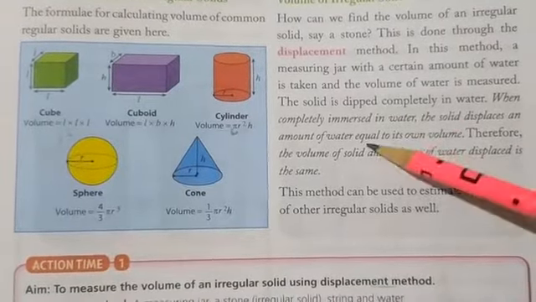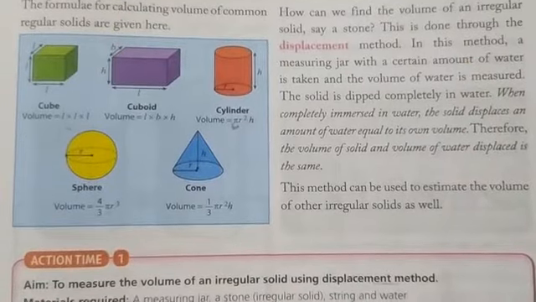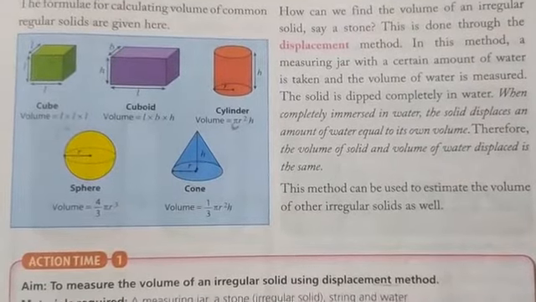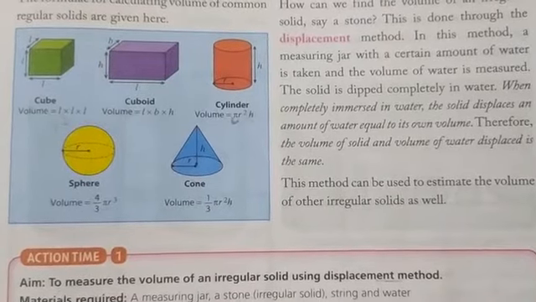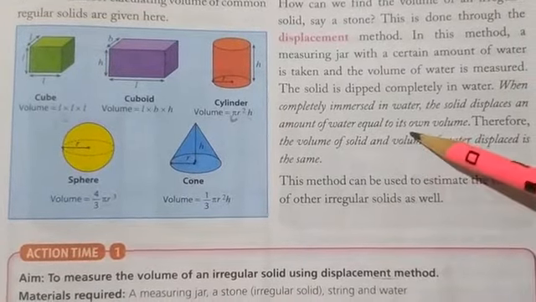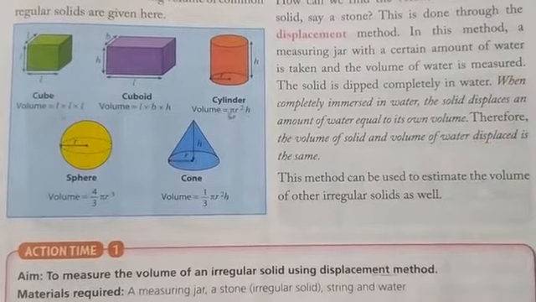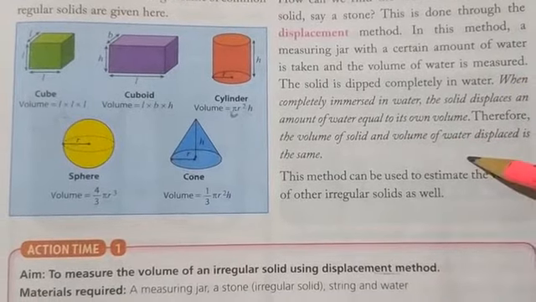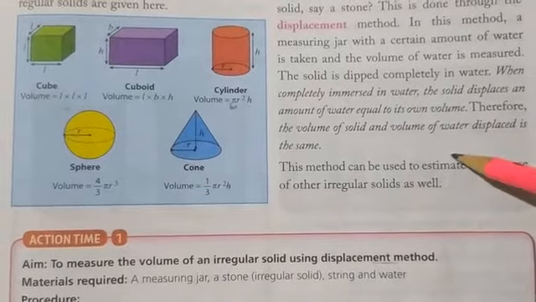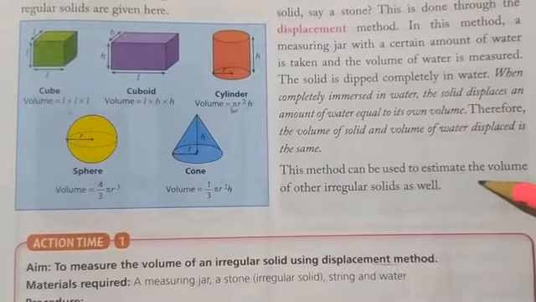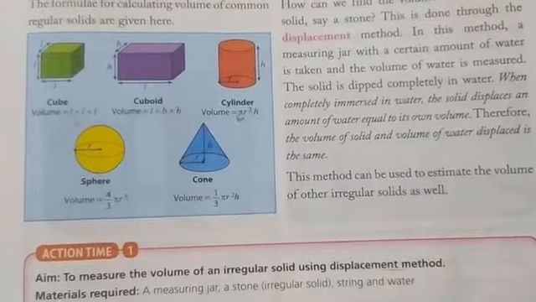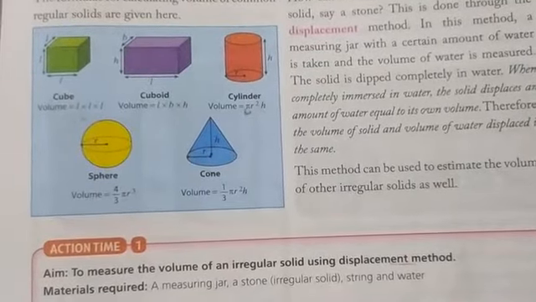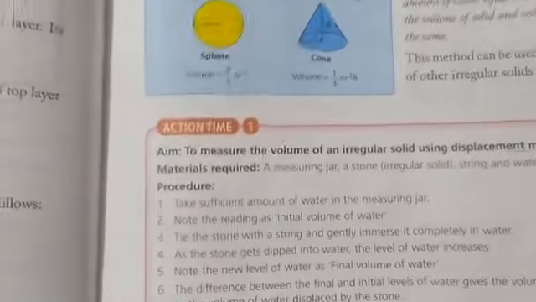After that, we completely dip a solid in it, and when we immerse a solid in water, the solid displaces an amount of water equal to its own volume. Therefore, the volume of the solid and the water displaced will be the same, and this method used to measure the volume of irregular solids is known as the displacement method.